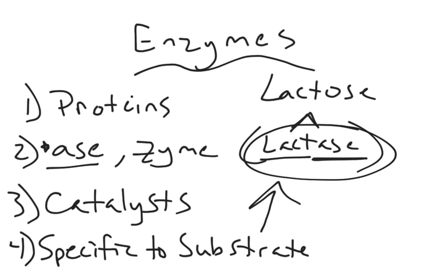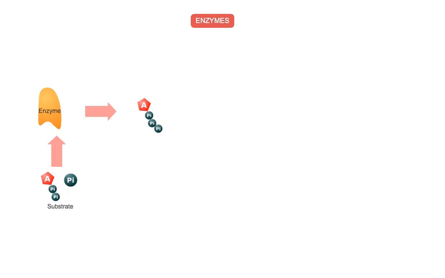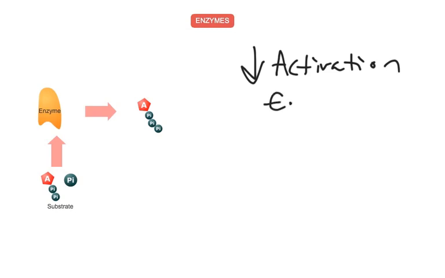Now, next we're going to talk more about how enzymes work. So here's a little diagram of an enzyme process. How do enzymes catalyze reactions? Why are they important? Well, what they do is they decrease activation energy. What does that mean?